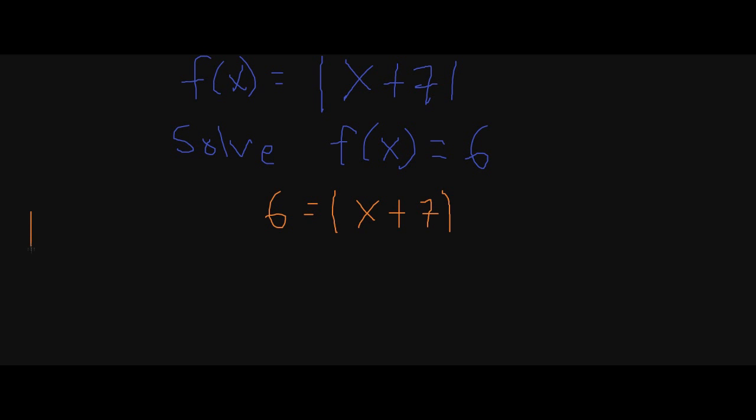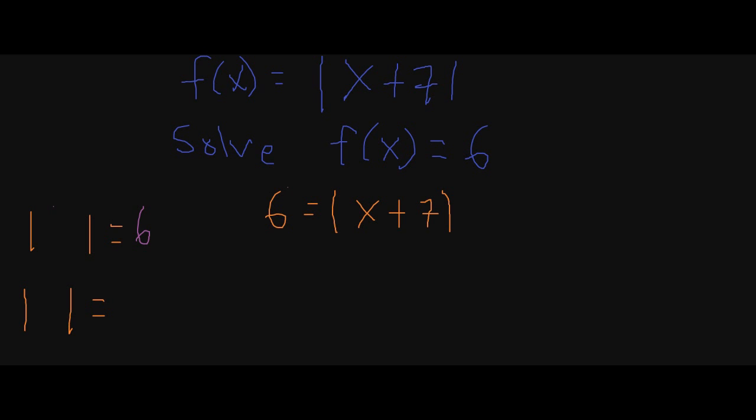I'm going to set this up over here. We want our answer to be 6. So the way that we're going to get that is this in here needs to simplify so that we can get the absolute value of whatever that number is to get a 6. So over in this corner here, the absolute value of what number is going to give us 6?